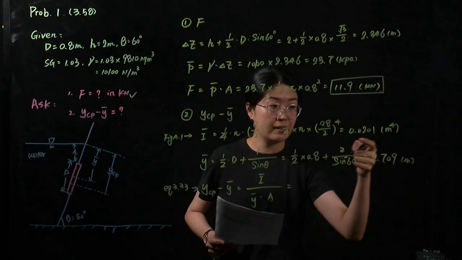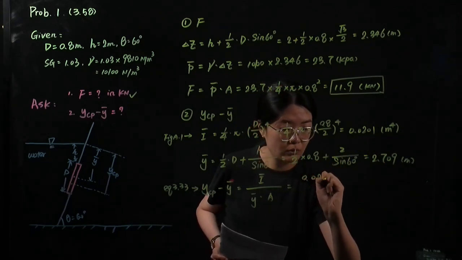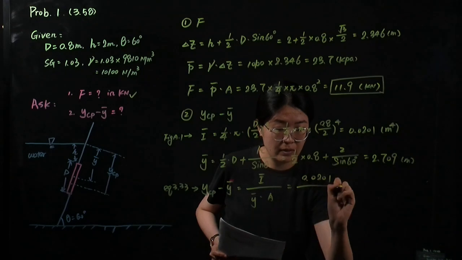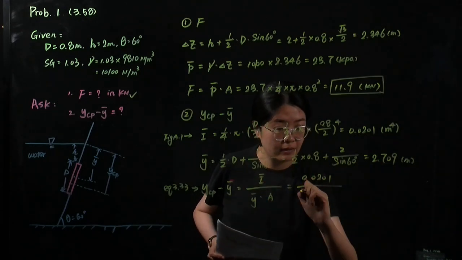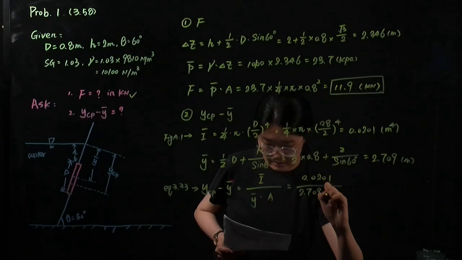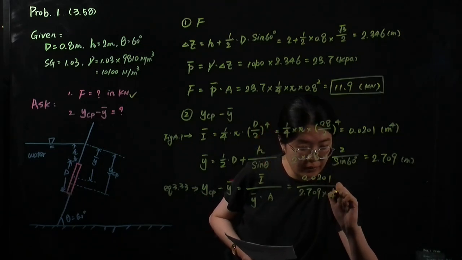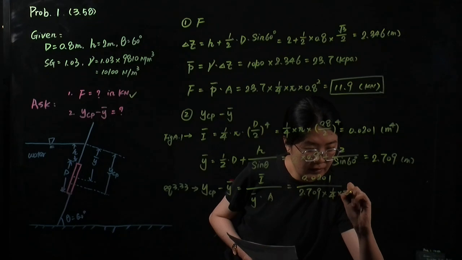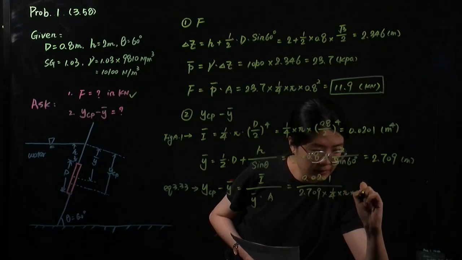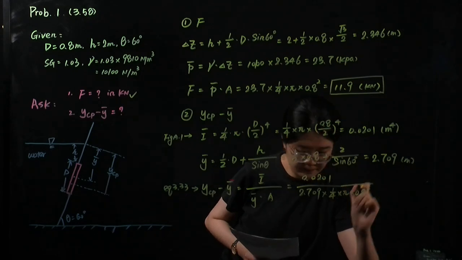So we just calculate: the inertia is 0.0201 divided by 2.709 times the area, which is 1/4 times pi times the diameter 0.8 squared.